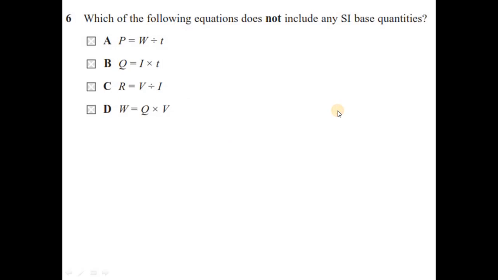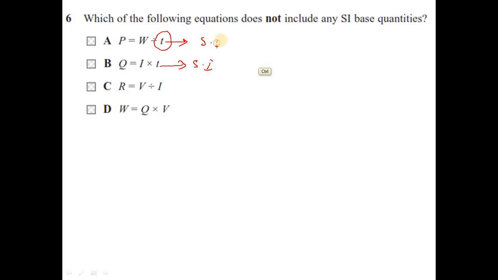Question number 6. Which of the following equations does not include any SI base quantities? It should be quite an easy question. If you see the first option, time is involved there, so it is an SI base quantity. Time is also there, SI base quantity.